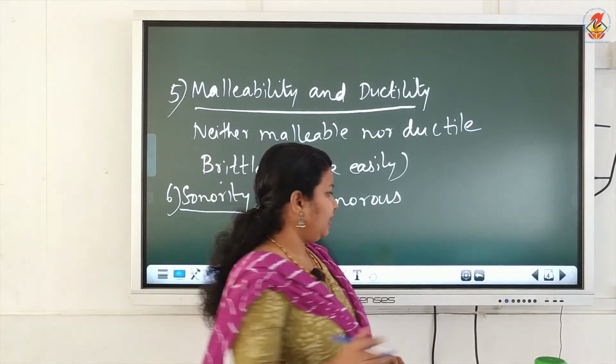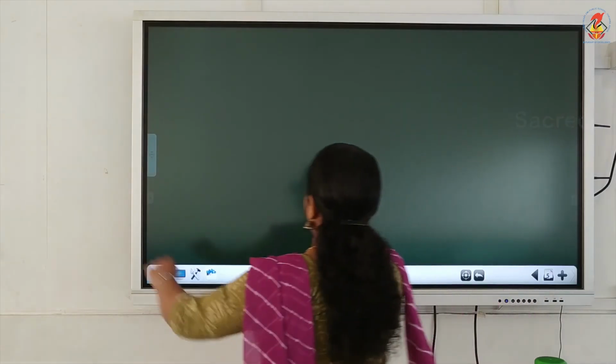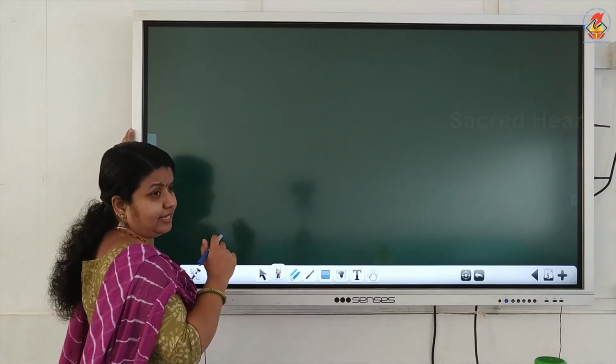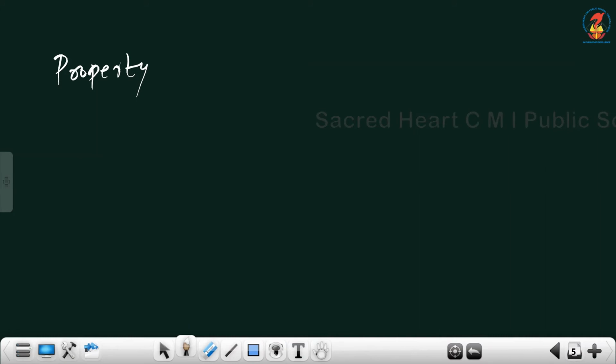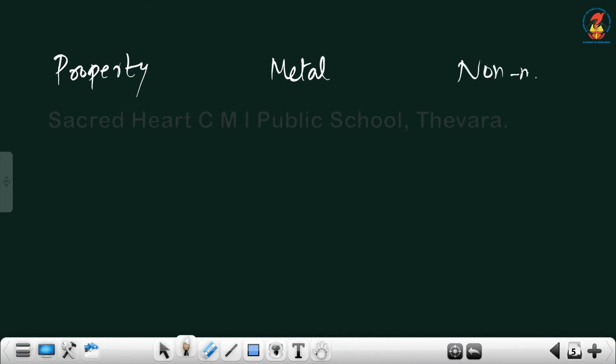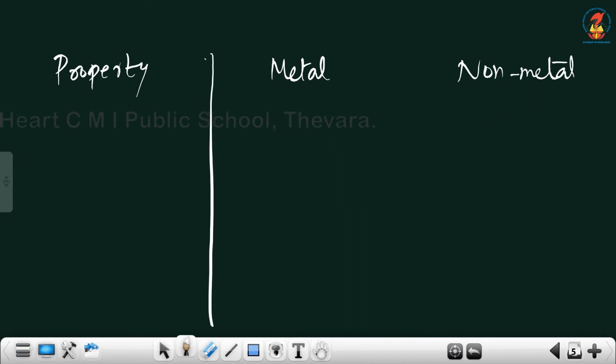Okay. Now, we will just compare the physical properties of metals and non-metals. The property, just in a tabular form, we can compare the properties of metals and non-metals. Metal, this is an important question. Compare the physical properties of metals and non-metals.